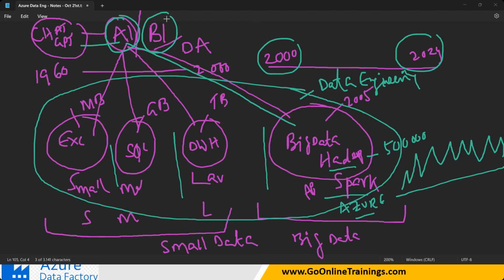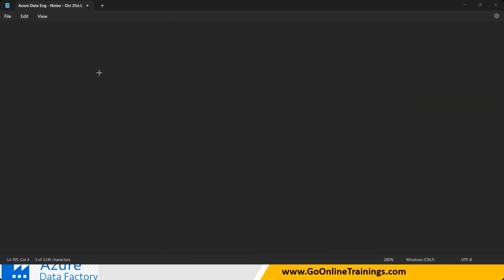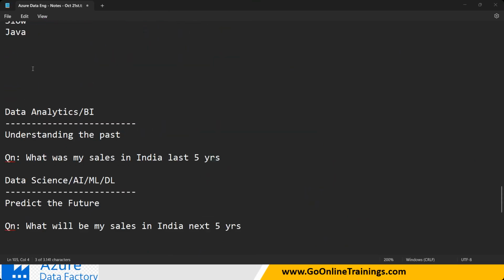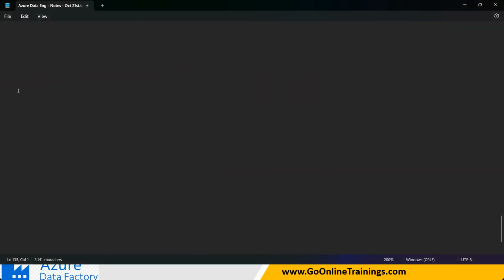For example, you're working for the Amazon company now. Amazon will be giving you data, and Amazon may be storing the data on different platforms. Clear? We will take the Amazon company example. Amazon data is not available in a single location.